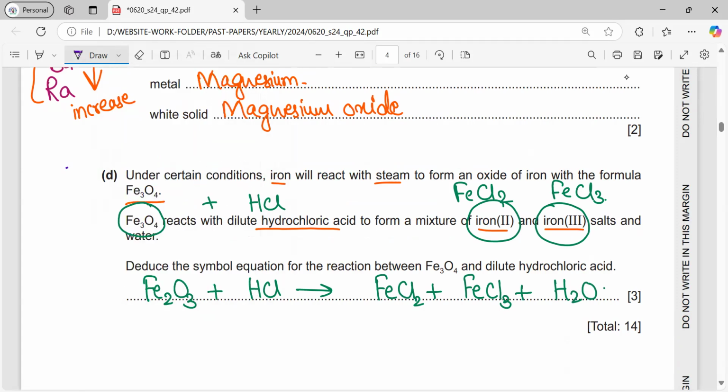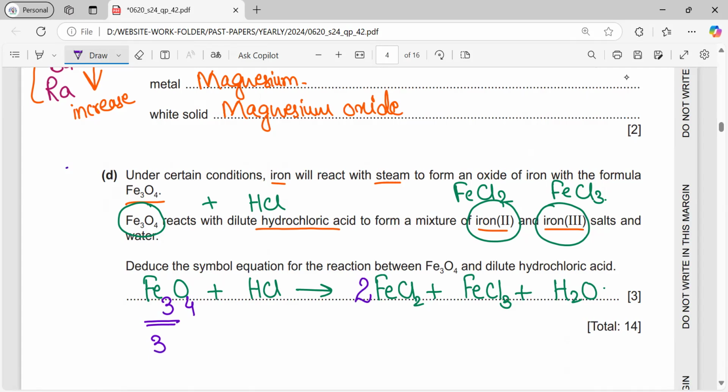Now, to balance this equation, we'll see how many chlorines, how many oxygens, and how many irons there are. Iron, it will be Fe3O4. So here, as you can see on the reactant side, there are 3 iron. So to balance the iron, we'll write 2 on the product side with FeCl2.